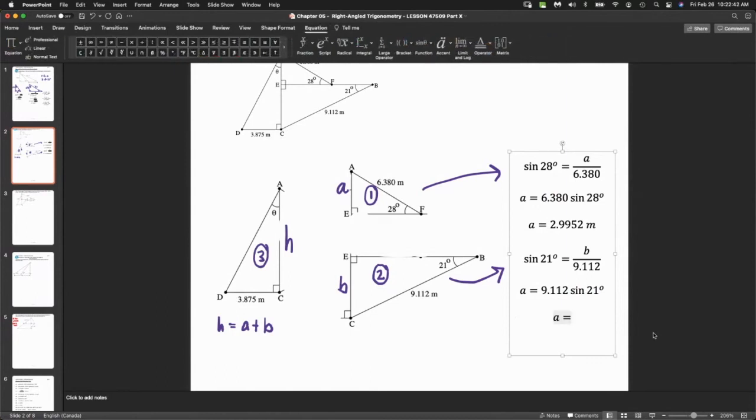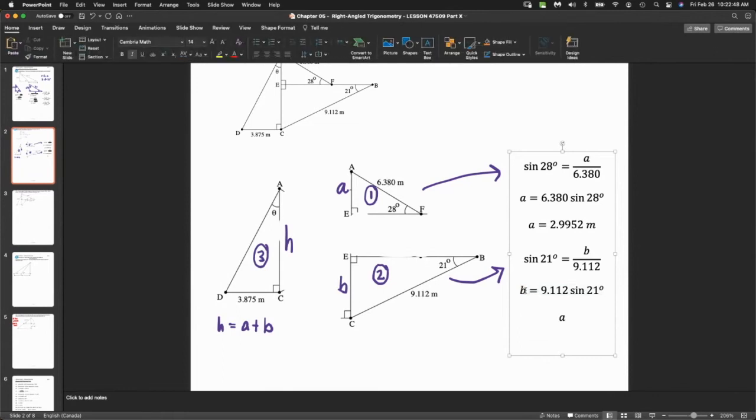So anyway, A is equal to that. Oh, this is B, sorry, my apologies. So that's B. So I got B equals 3.2654. So there you go. That's the first part of the question. We got that out of the way.